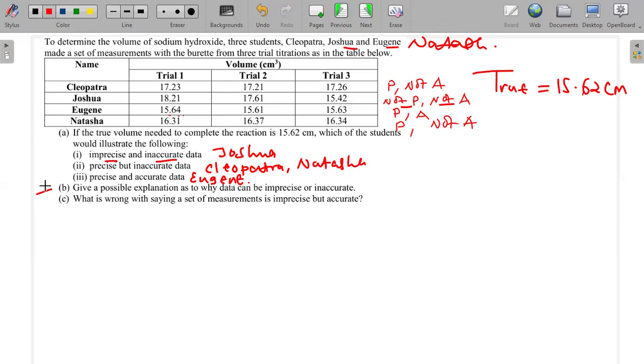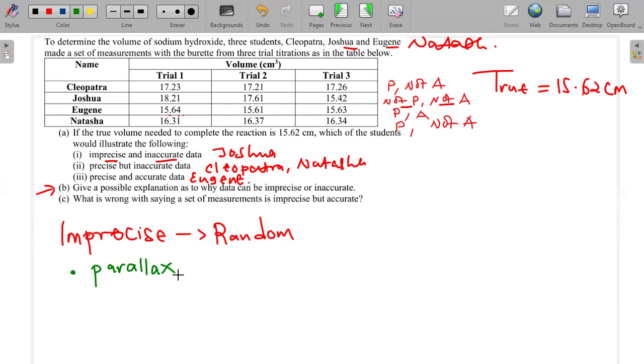All right, and then B, they're saying give a reason, give a possible explanation as to why data can be imprecise or inaccurate. Okay, so why can data be imprecise? Okay, so data can be imprecise because of the random errors. So random errors affect precision. Okay, so now we have to give specific examples here. How do these random errors come about? Okay, so they can be due to parallax errors.